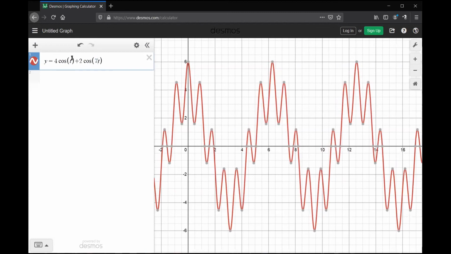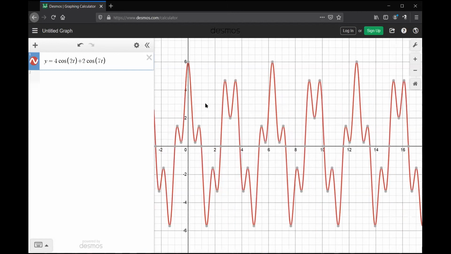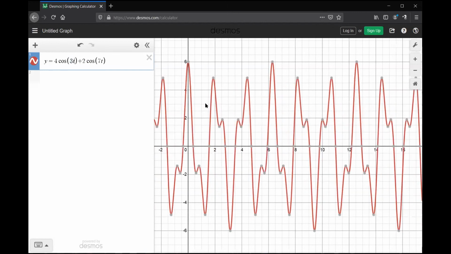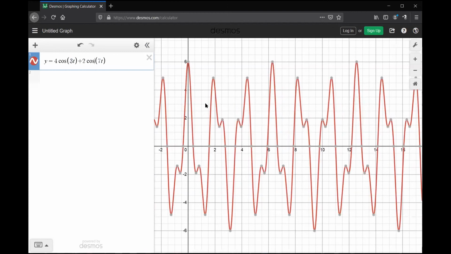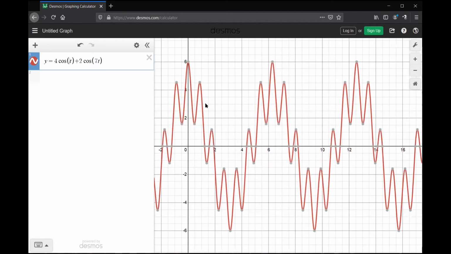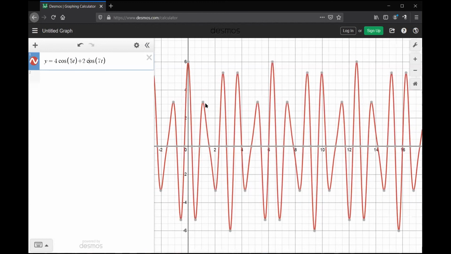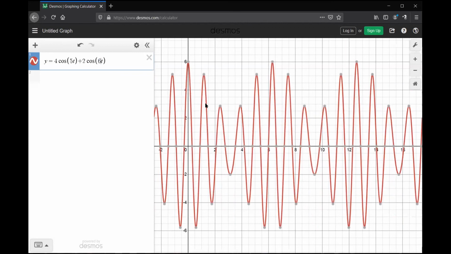Now, why it's called beats, let's see. Let me pick another representative one. Yeah, so you can get all sorts of really fun shapes here. I kind of like seeing these. Actually, I want to try one other one.